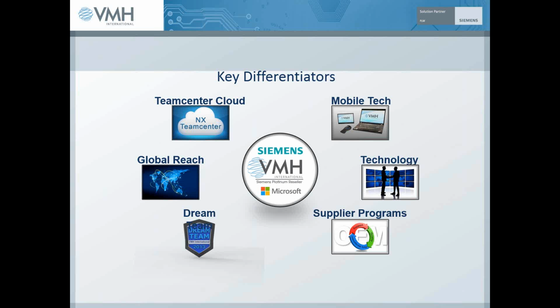We talked about the Dream Team and the college students that make that up. And very importantly, we have a very strong supplier program. So if you have suppliers downline in your production chain, we're able to work with them to make sure that everybody's on the same software, on the same solution, and keep all your technology in line and everybody up to date with our training.